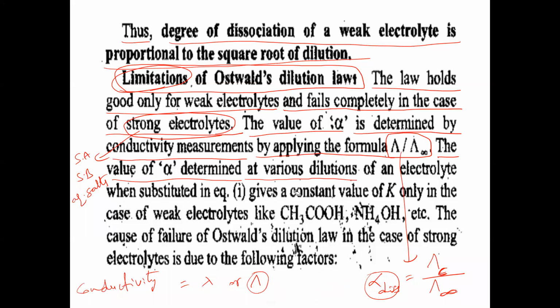So what is the meaning? K is equal to the dissociation constant formula, C alpha square by 1 minus alpha. So that equation is equation 1.